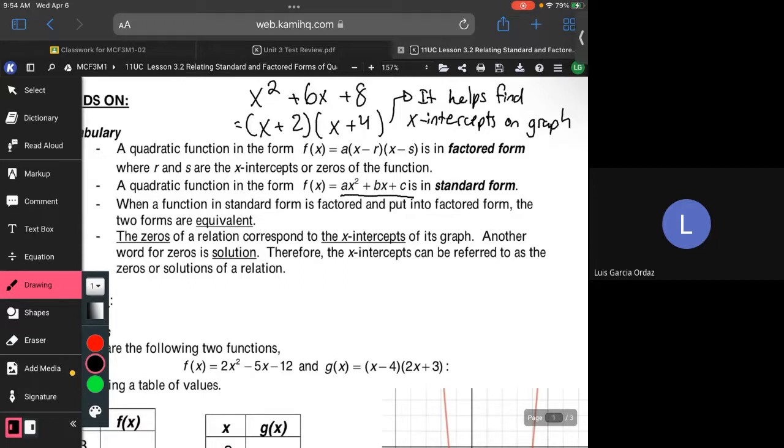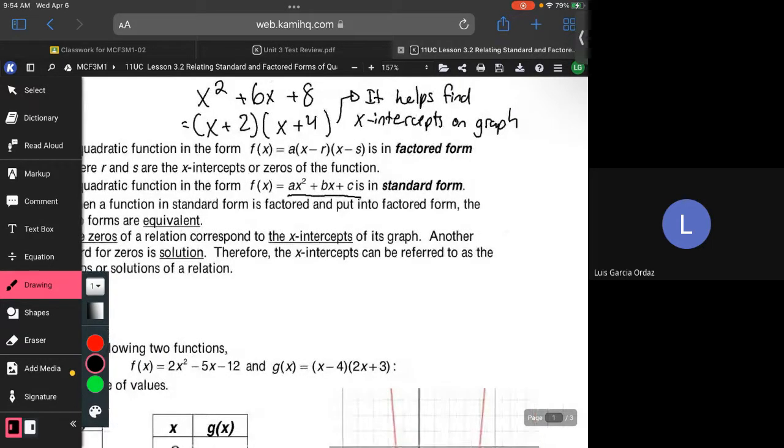The only thing that this helps us find is my y-intercept. So in standard form, we can only get our y-intercept. We've dealt with both. I just haven't taught you how to graph with both of them yet.